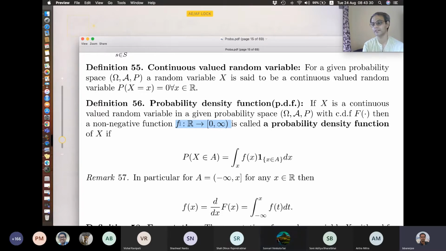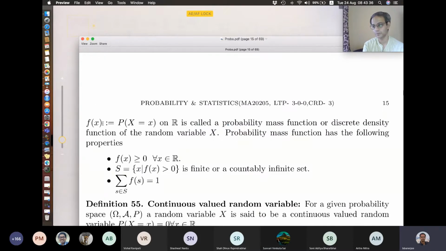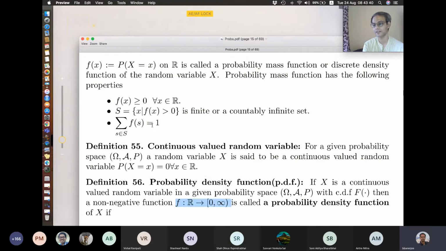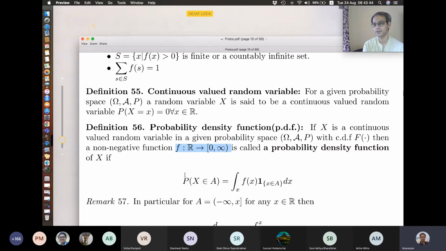Look, f(x) is not probability X equals x, which was there for the probability mass function. Here I am not claiming that. That is the fundamental difference. Probability mass function itself is a probability. Probability density function is not a probability.